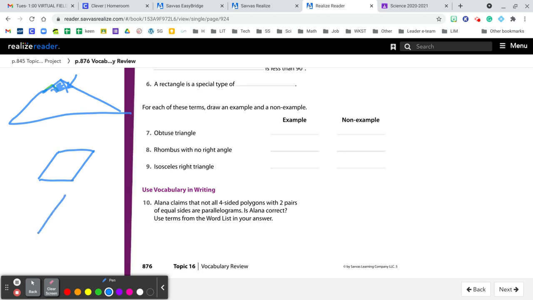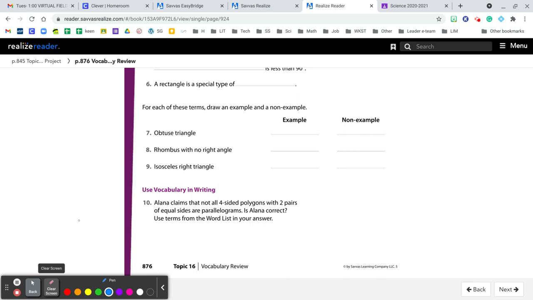So remember, isosceles is two sides are equal, and a right triangle, let me get that drawn a little bit better there. So I'm going to make a right triangle. I want that right angle, and isosceles is going to have two equal sides. So I want that right angle there, and I want two sides to be equal.